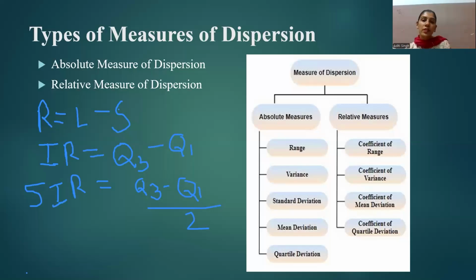If we talk about the standard deviation, it is also an absolute measure. Standard deviation is the square root of the arithmetic average of the squares of the deviations measured from the mean. In the mean, we basically calculate the average of a given data series.